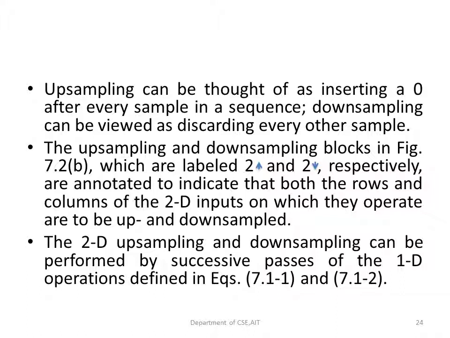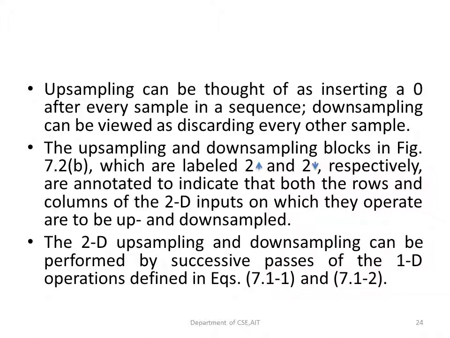The upsampling and downsampling blocks that we see in the block diagram are labeled by 2 with an up arrow and 2 with a down arrow respectively, to indicate that both the rows and the columns of the two-dimensional inputs on which they operate are to be upsampled or downsampled.